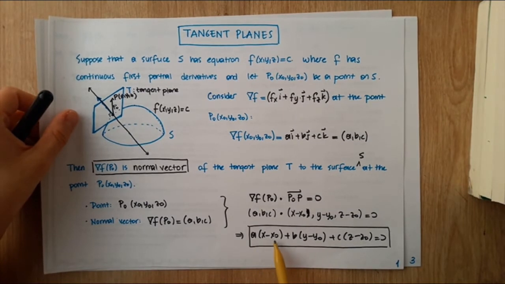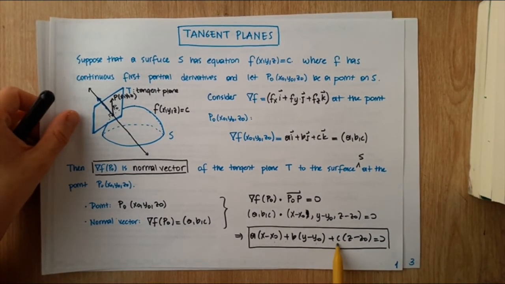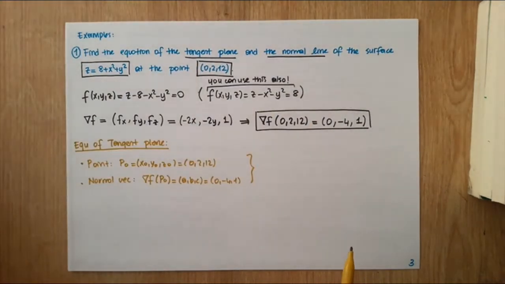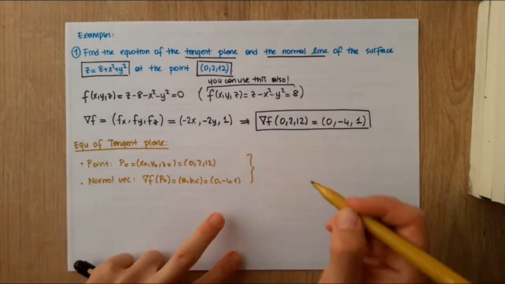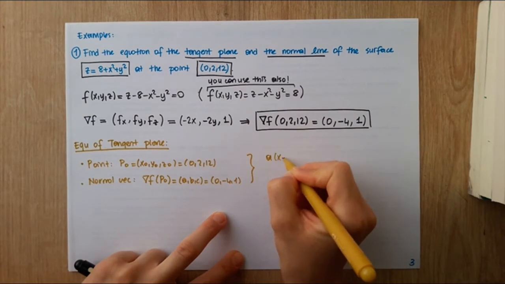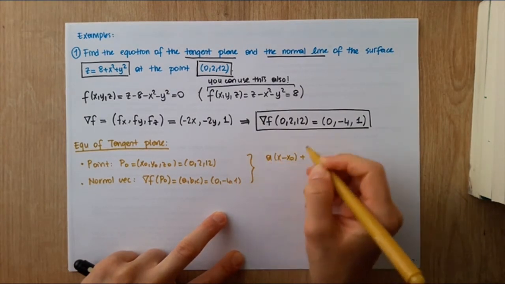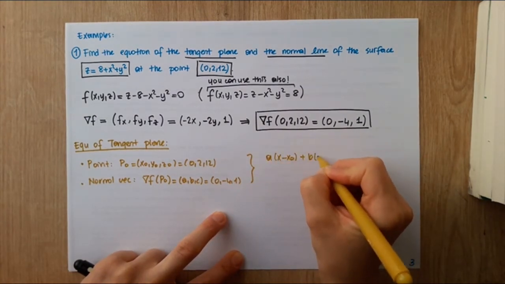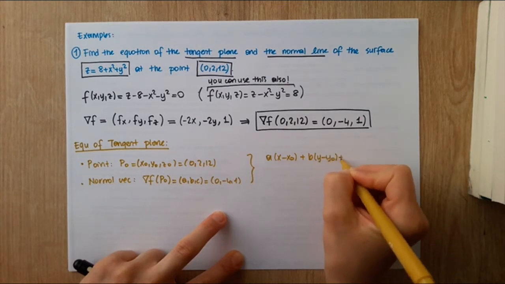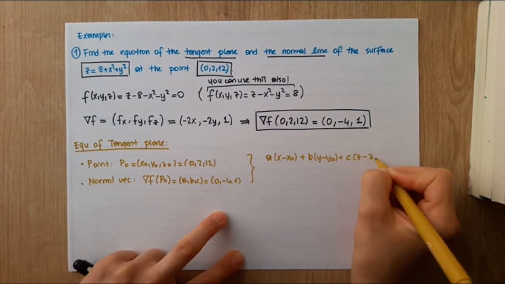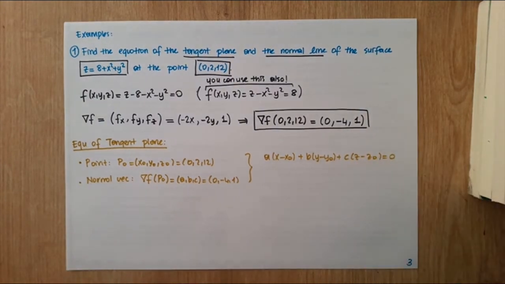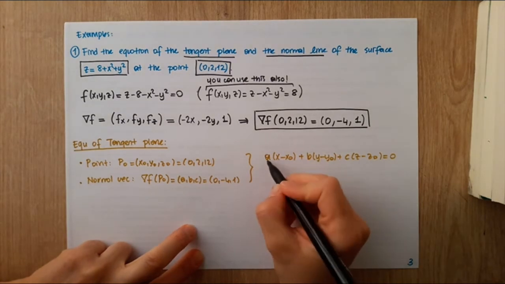A times (x minus x0) plus B times (y minus y0) plus C times (z minus z0) equals 0 is the formula for the equation of the tangent plane. So I know what A is.